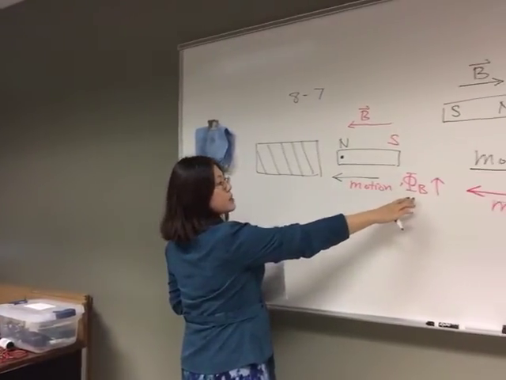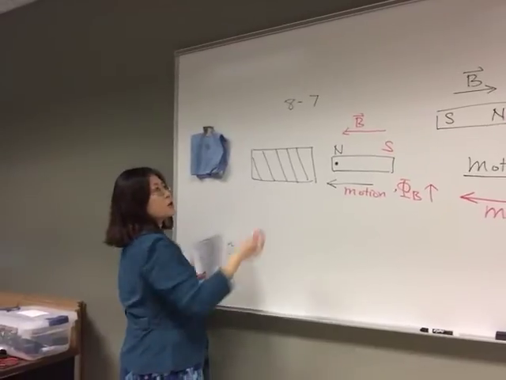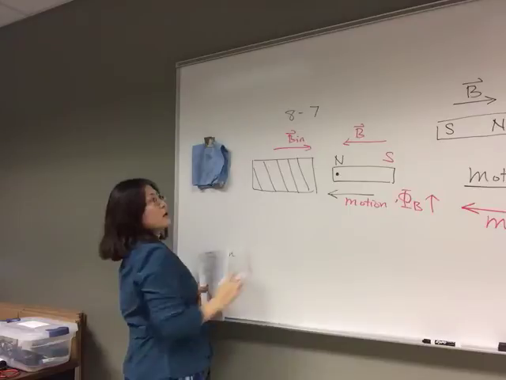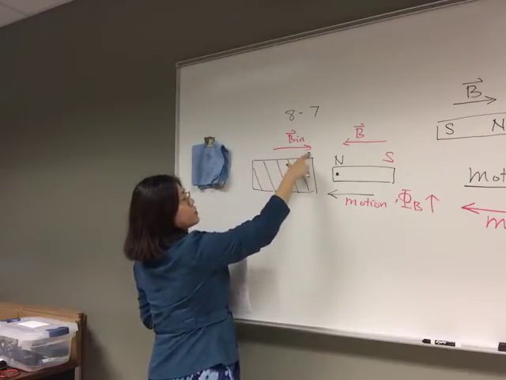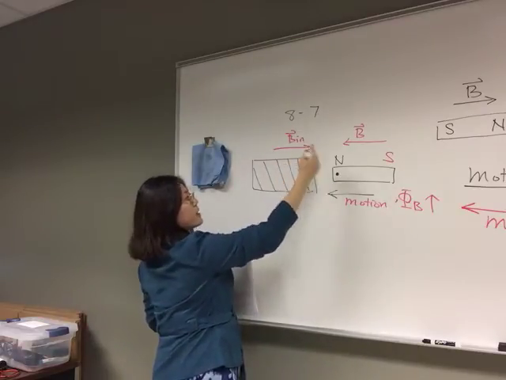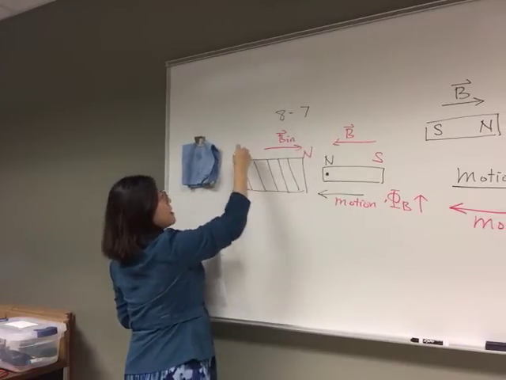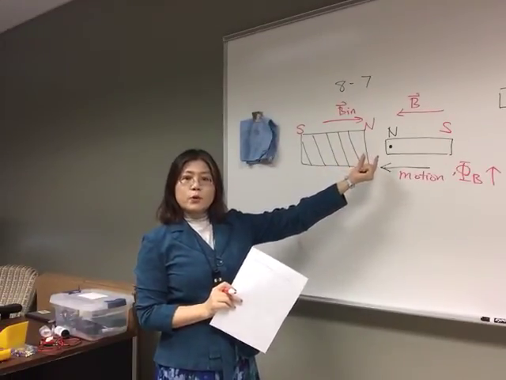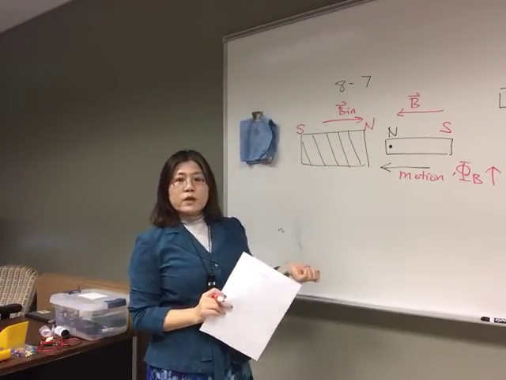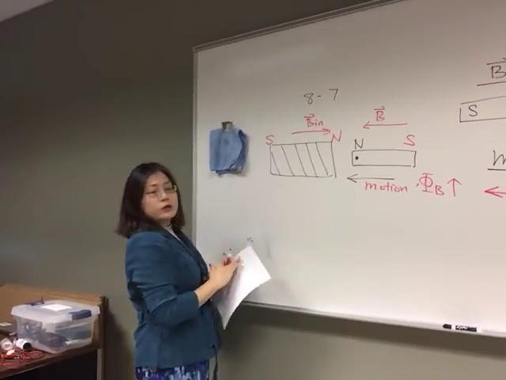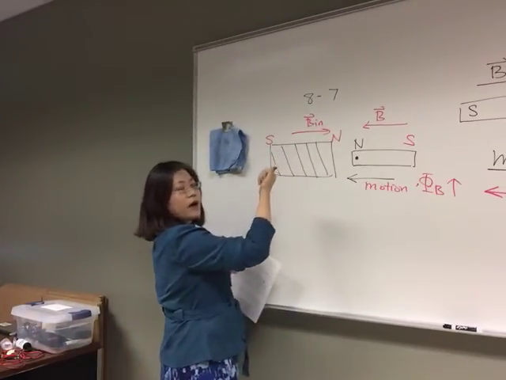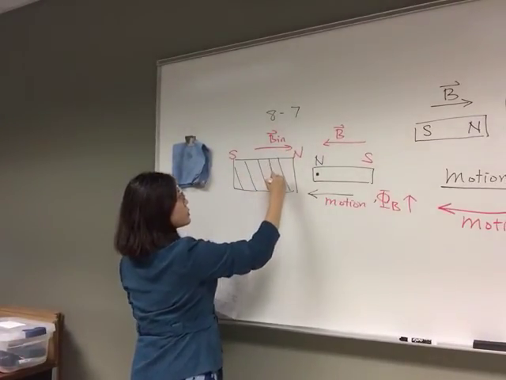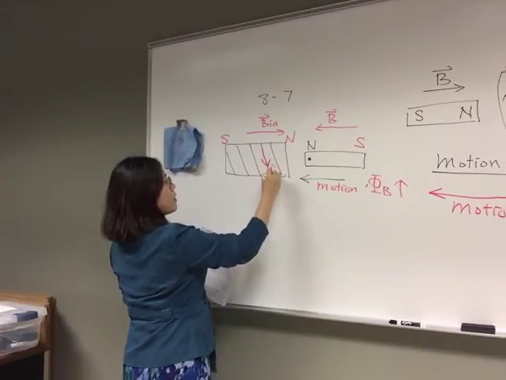When the magnetic flux increases, the induced magnetic field has to oppose the original. The north pole faces the north pole, so it's repulsive, and that opposes the further increase. Once you find the direction of the induced magnetic field, use the right-hand rule, and the direction of current follows the direction of the loop. So this is the direction of the induced current.